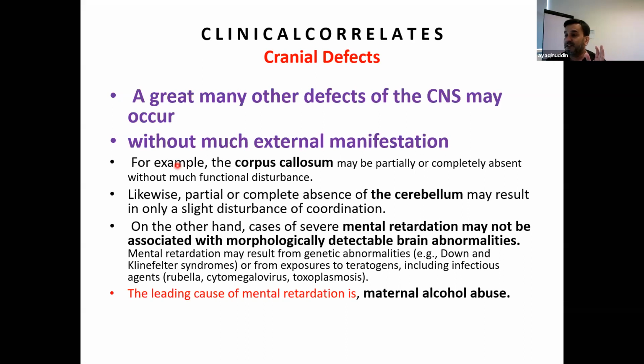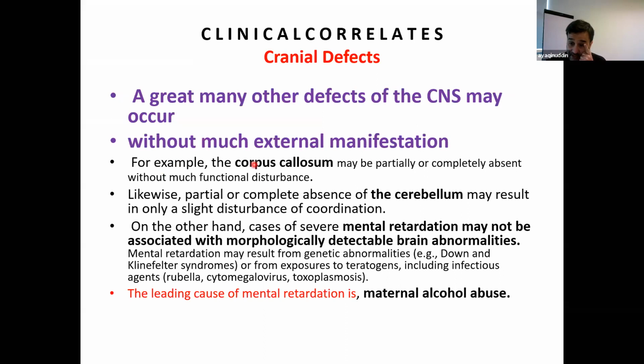So we have not really come up with an explanation for these congenital abnormalities, because sometimes we see absolutely normal morphology of the brain associated with severe mental retardation, or on the other hand, we see gross abnormality like the absence of the corpus callosum or the cerebellum, and we see very little abnormality in sensory, motor, or higher mental functions.